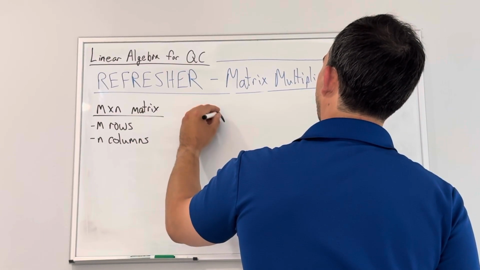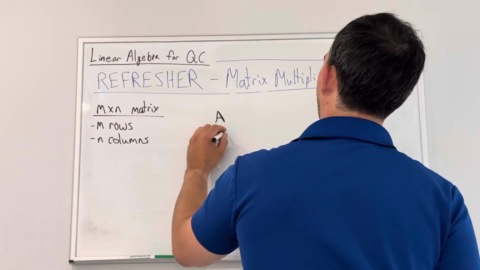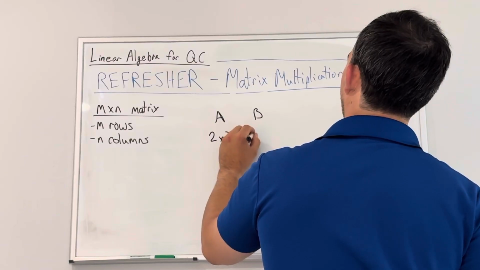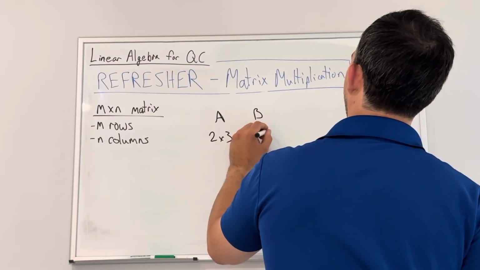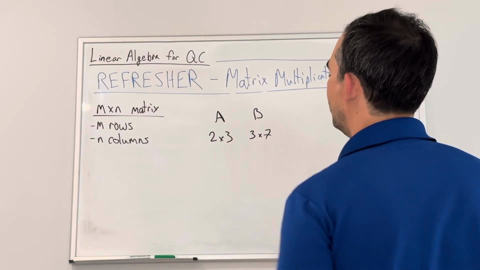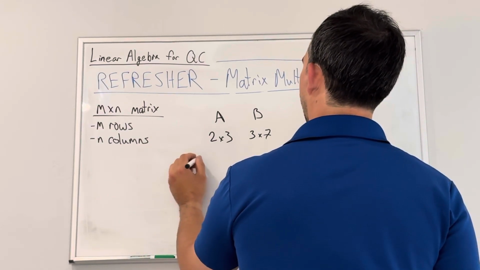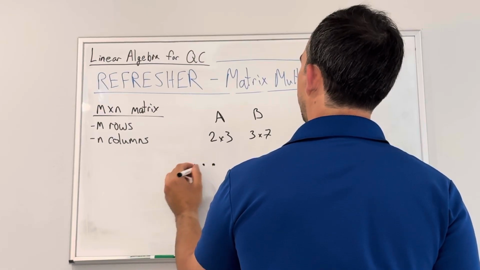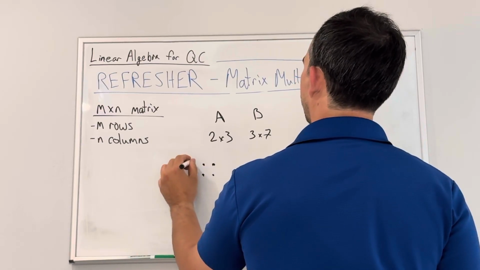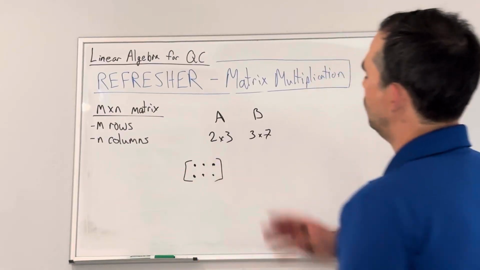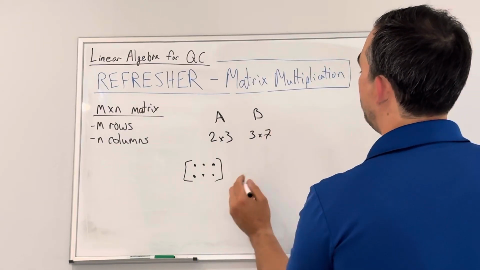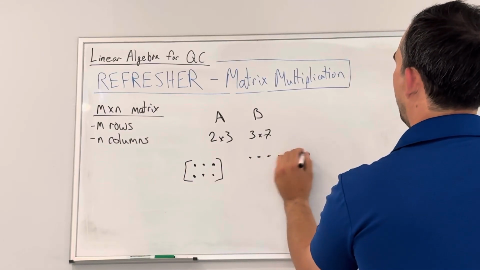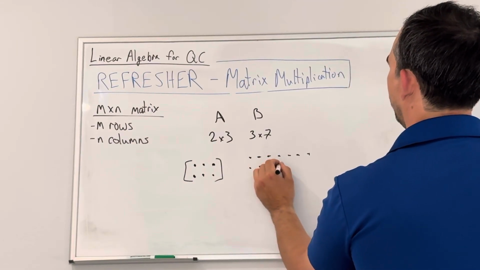If I have matrix A, which is 2 by 3, and matrix B, which is 3 by 7, then matrix A has 2 rows and 3 columns, and matrix B has 3 rows and 7 columns.